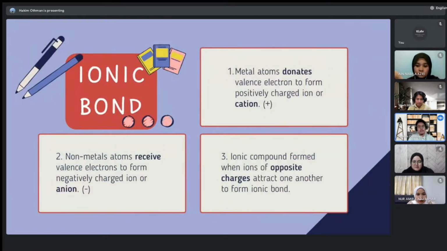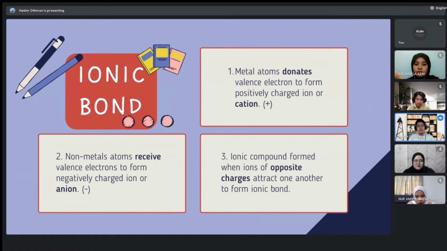What is ionic bond? Number one, metal atoms donate valence electrons to form positively charged ions or cations. Number two, non-metal atoms receive valence electrons to form negatively charged ions or anions. And number three, ionic compounds form when ions of opposite charges attract one another to form ionic bond.